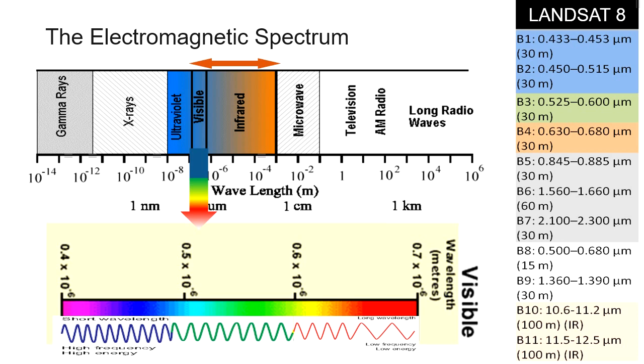If the blue part is not giving you any information, only green and red are giving you information, equally 50-50%, then the color will be yellow. We will see that when I demonstrate the bands with ArcGIS. So this was the visible part of the electromagnetic spectrum.